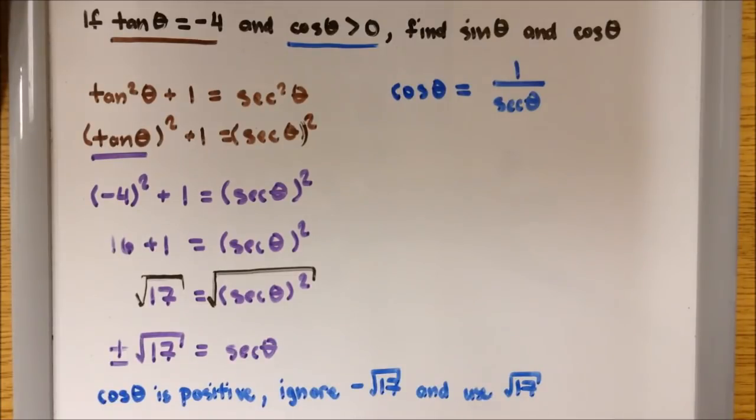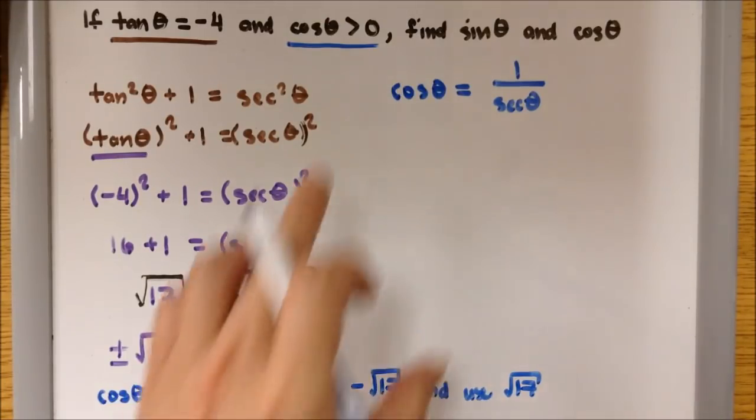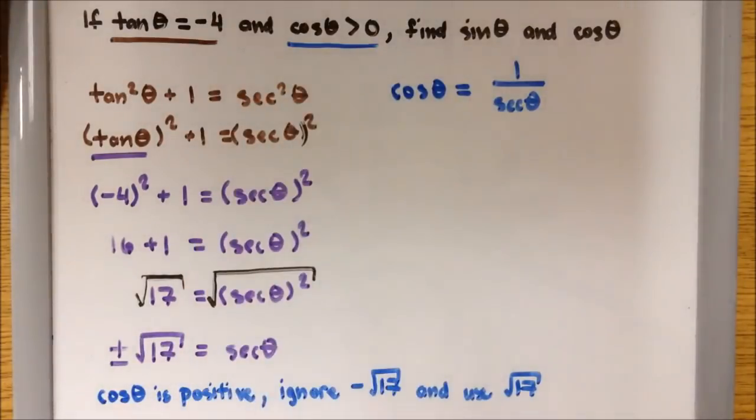Again, that's all we're going to do, because it's this given information. Just like how we cover in 4.3, you use one given information and then you use the other given information to determine if it's positive or negative. Alright, so we're going to use positive square root of 17 for secant theta.